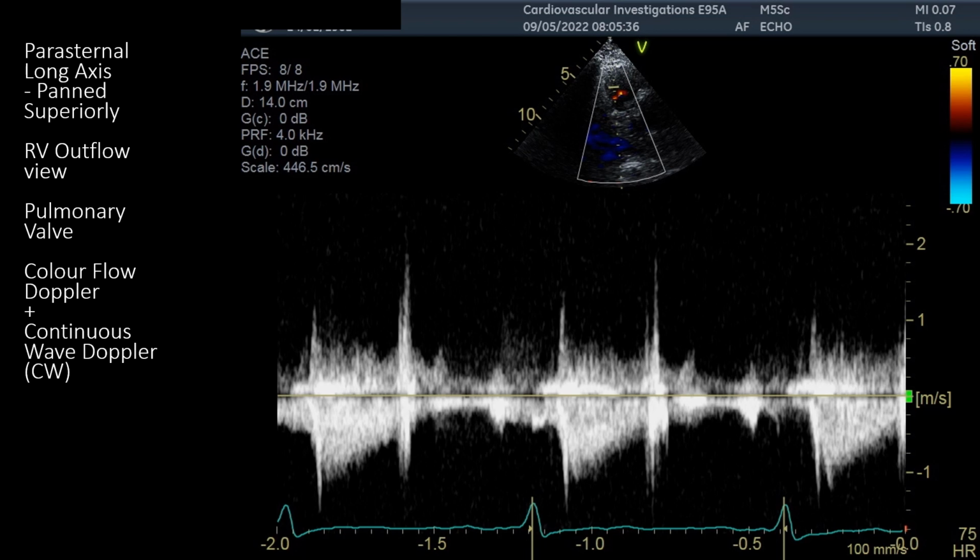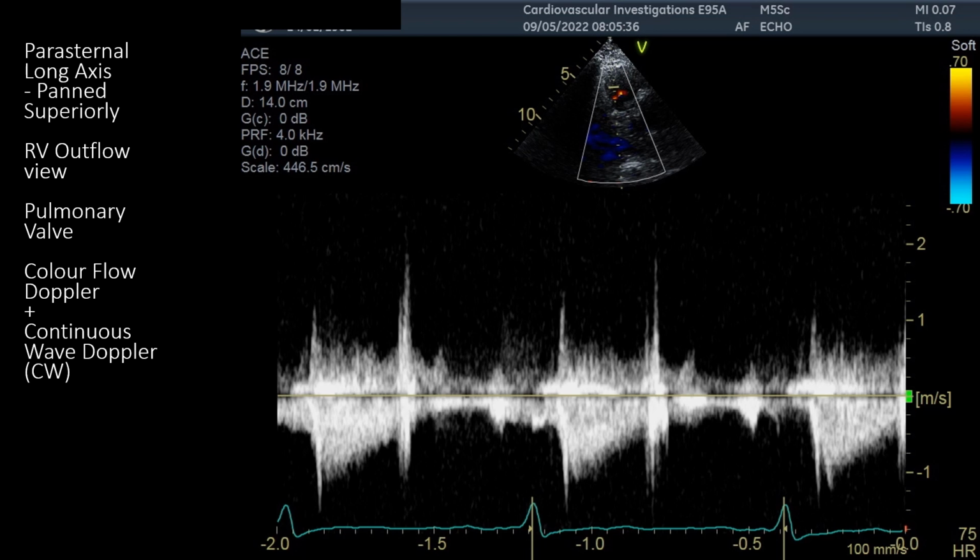And again, this is a continuous wave Doppler image, essentially looking down the same tract of the right ventricular outflow. But you can see that the spectral Doppler trace baseline has been moved down, and the actual alignment of that beam has probably been altered slightly to try and interrogate for any significant pulmonary regurgitant jet.